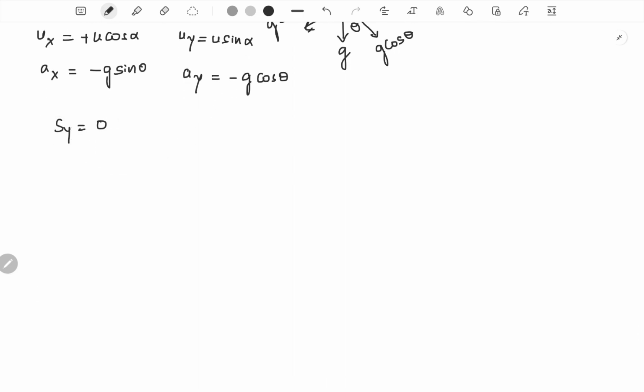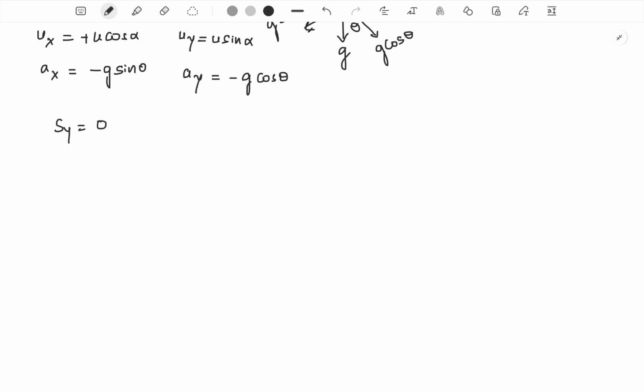If you observe the x and y components of acceleration here, both are constant and not dependent on time. This means I can use the equations corresponding to uniformly accelerated motion.